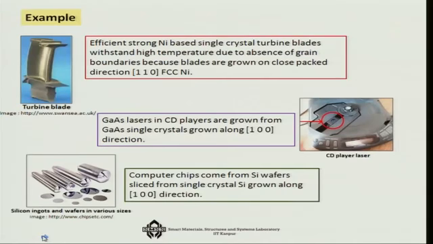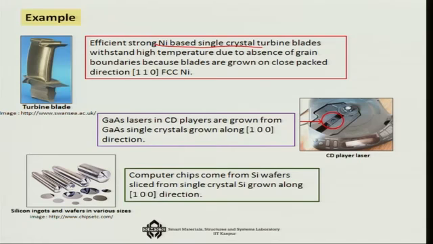So, let us go to the Miller index. There are a couple of examples. For example, the turbine blades, which these days are being developed with the help of single crystals, like nickel-based single crystal that is used in some of the turbine blades.